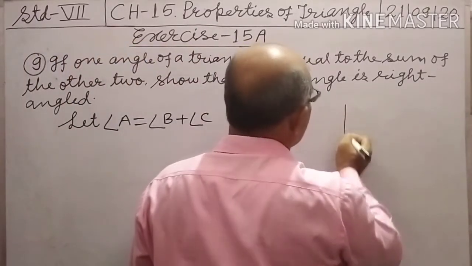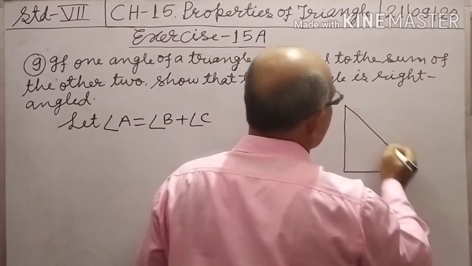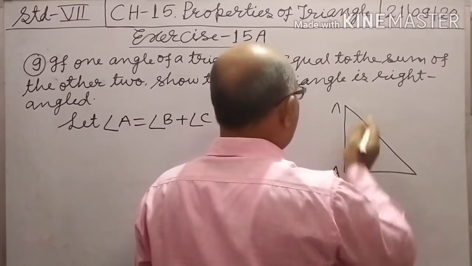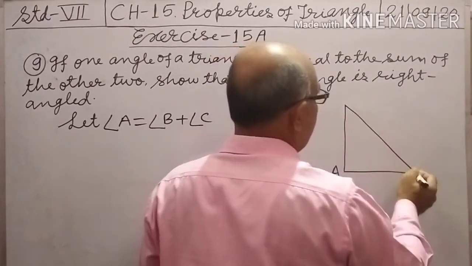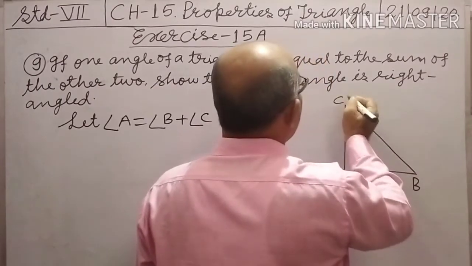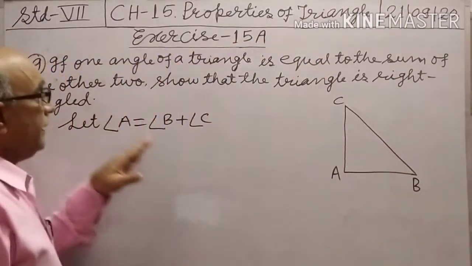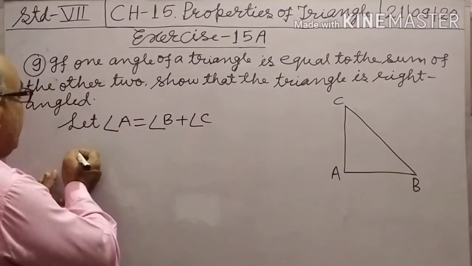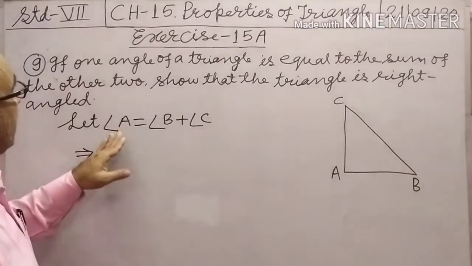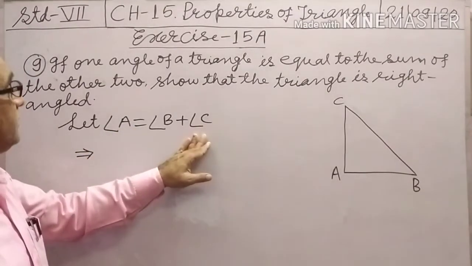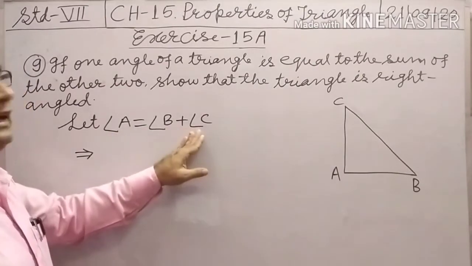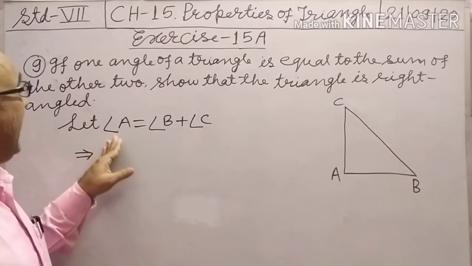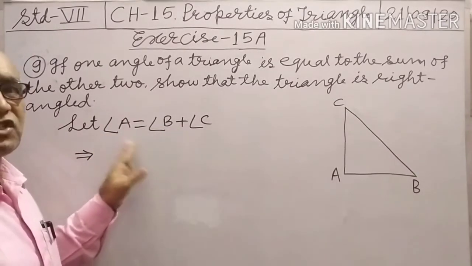Draw a figure. A, B and C. In triangle ABC, let angle A equal to angle B plus C. Now that implies angle A equal to angle B plus angle C. Students, we can add both sides the same angle.